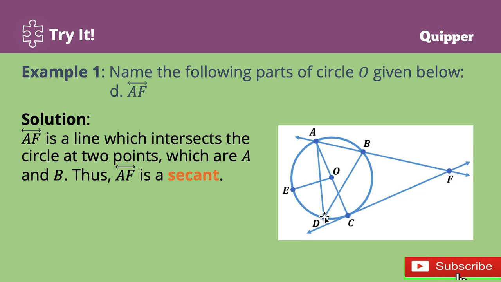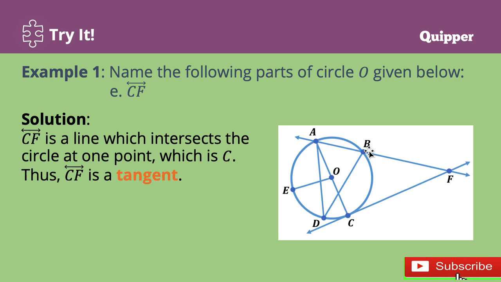Letter D. Line AF. Line AF is a line which intersects the circle at exactly 2 points. We have A and B. These are the two intersection points of a line and the circle. Therefore, since there are two intersection points, this line is a secant line.